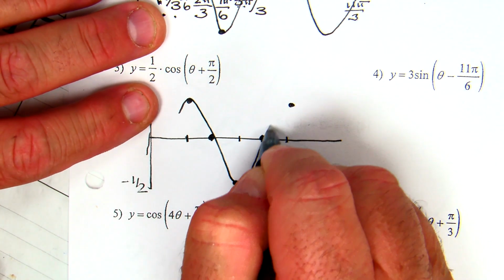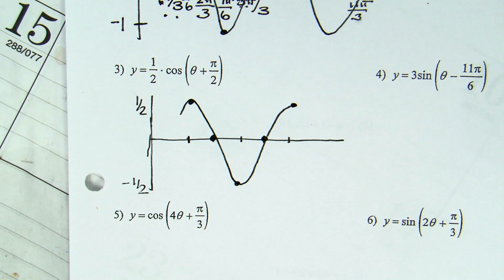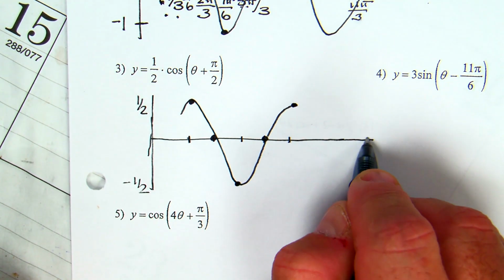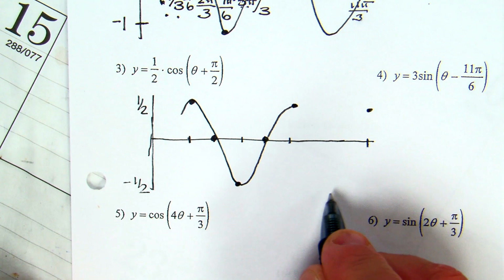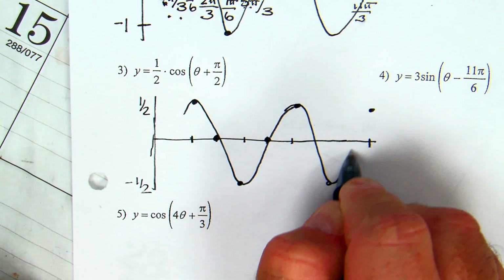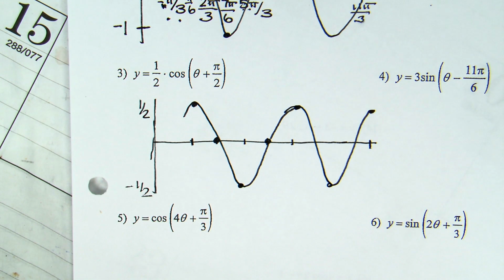So I have the structure of my graph. Come out here, put my second endpoint, halfway is my min, and I can do my graph first should I choose. So you can do that part first if you want. It's up to you how you want to handle it.